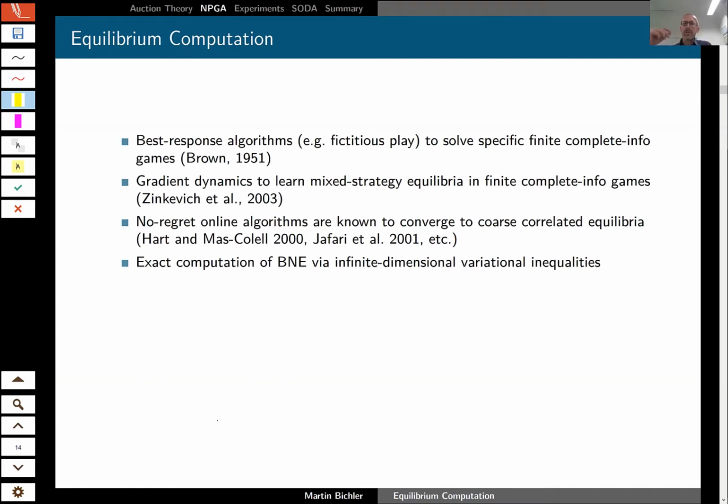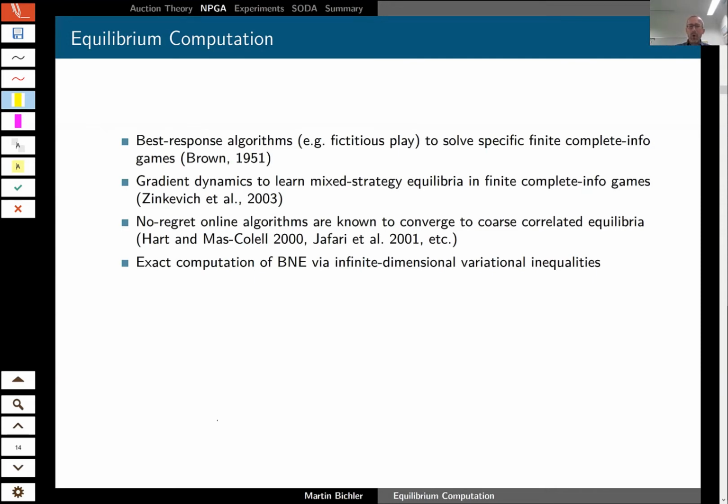But here you aim for the mixed equilibria, and you essentially take a step in the direction of the gradient in each iteration of the algorithm. I'll talk a bit more about that in a minute. Online gradient ascent or simultaneous gradient ascent could be covered under this umbrella.